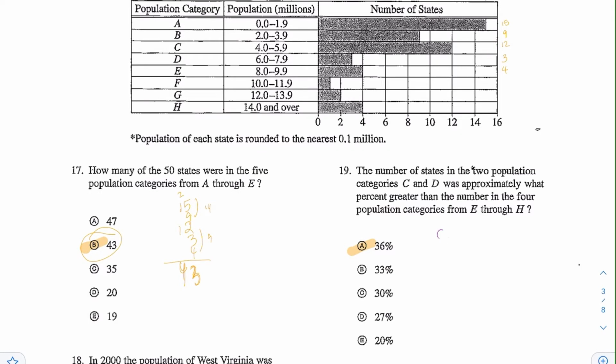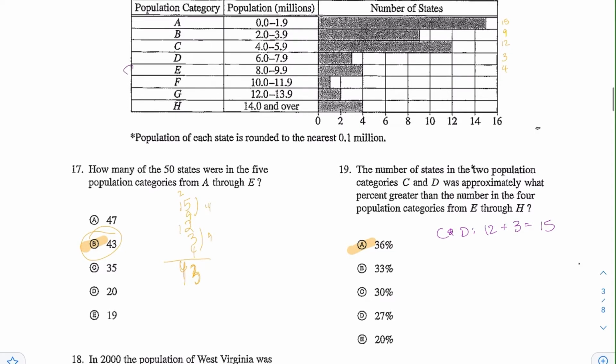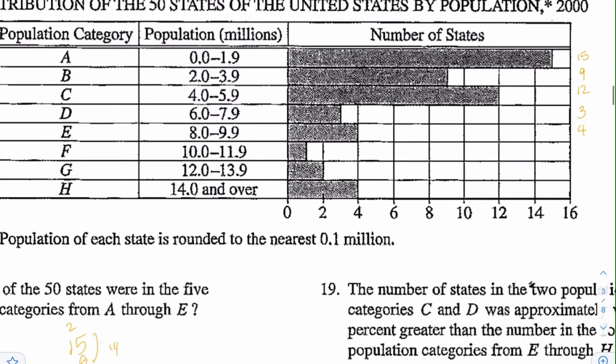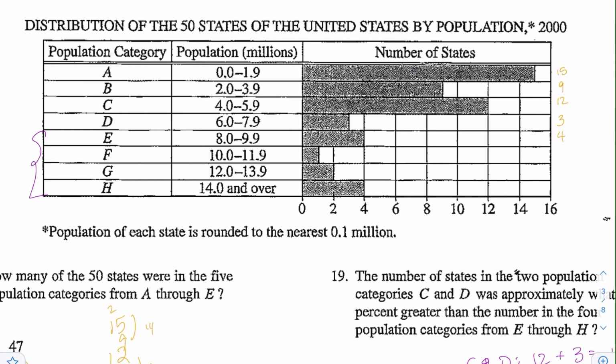So C and D is going to be 12 plus 3, or 15. I want to figure out this was approximately what percent greater than the number in the 4 population categories from E through H. So from E through H, we have 4 plus 1 plus 2 plus 4.